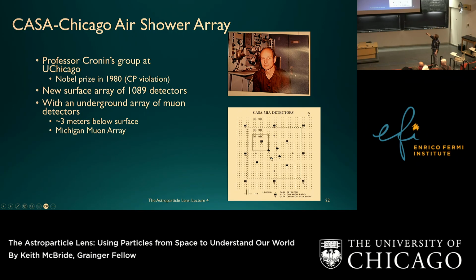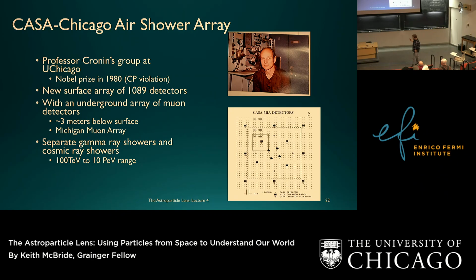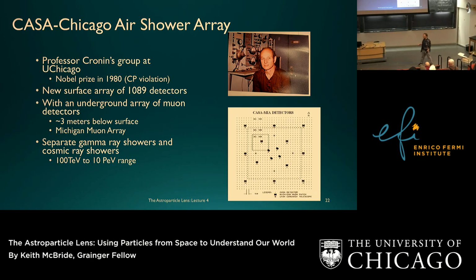So if you want to Google that later too, this is the kind of profile you get where these detectors, right, are spread out over a much larger area. But the point of the science here was actually to try to study gamma ray showers and cosmic ray proton showers separately. And so this was in a sort of a lower energy range, but much more precise because those detectors were so much larger in number, right?